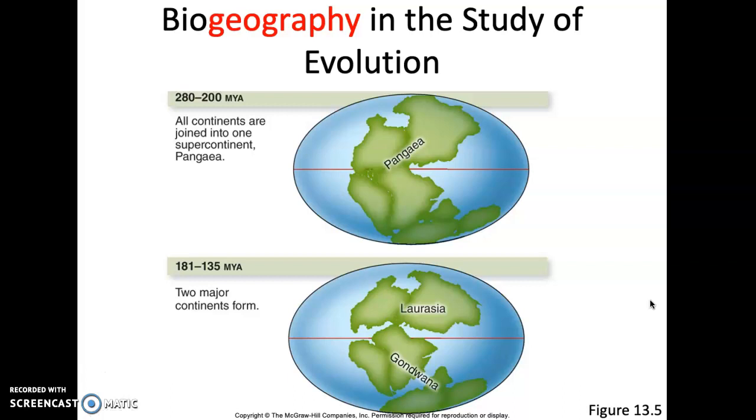Biogeography is the study of evolution. We think of these masses of land that were once connected. And when it was all connected, we thought of it as Pangea. And about 180 to 135 million years ago, these land masses shifted, and we gave it now two names, Laurasia and Gondwana, after that shift happened.